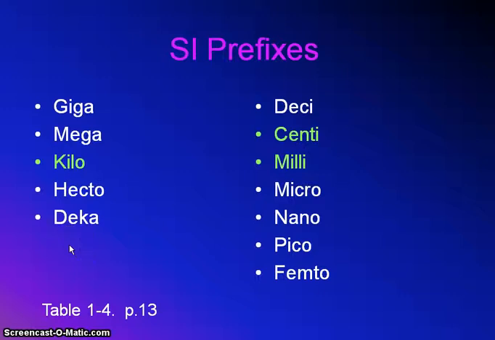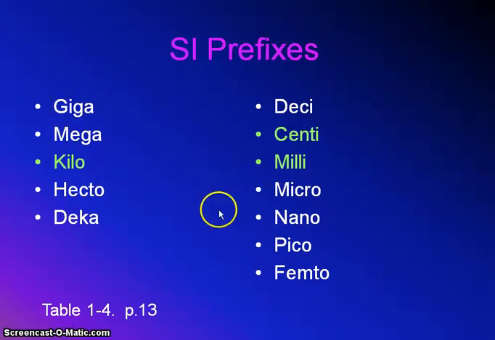Two that are smaller than the base unit you should know are centi and milli. So if we're still using meters, there are 1,000 millimeters in a meter, there are 100 centimeters in a meter, and there are 1,000 meters within a kilometer. Okay, so kilo, centi, and milli are the main prefixes that you should know.